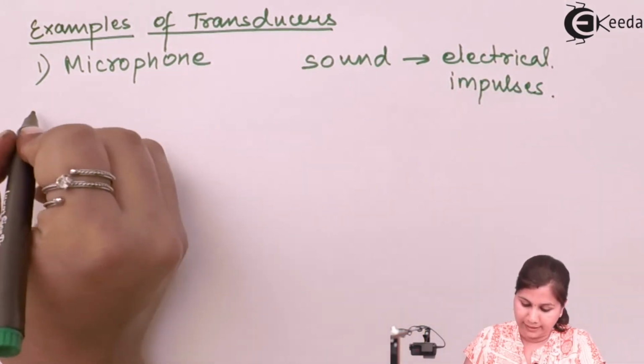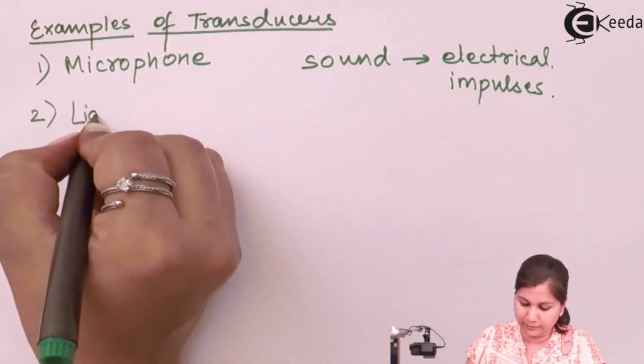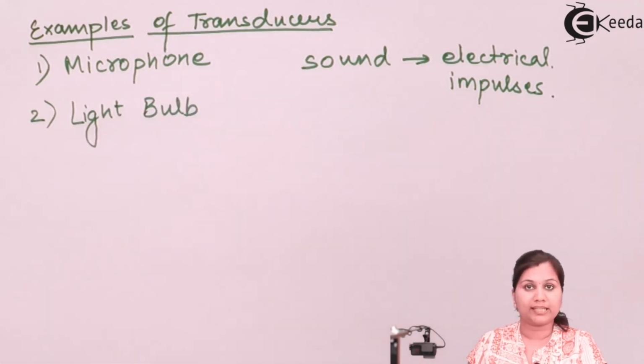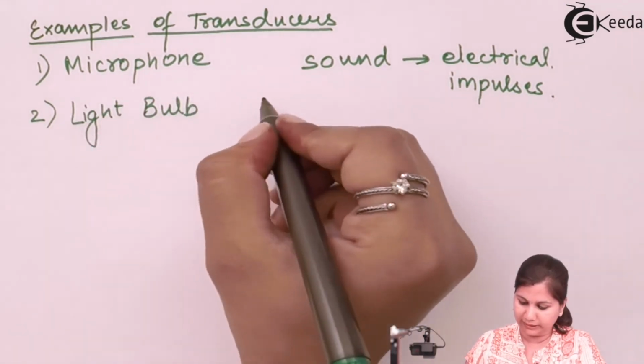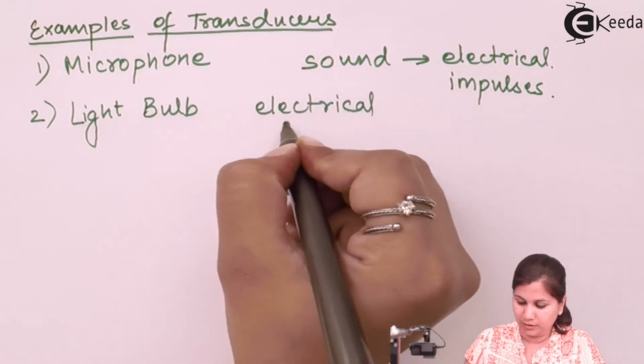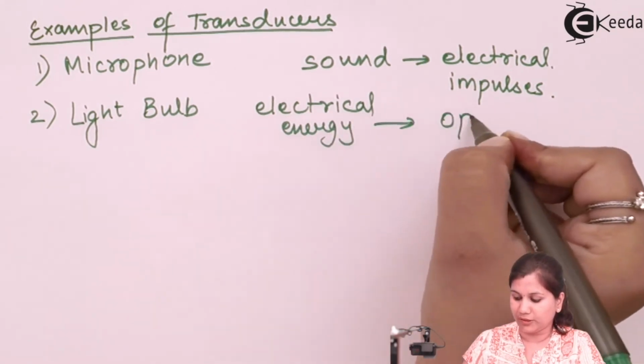Okay. Another example is the light bulb. You can see that the light bulb is converting electrical energy into optical energy.